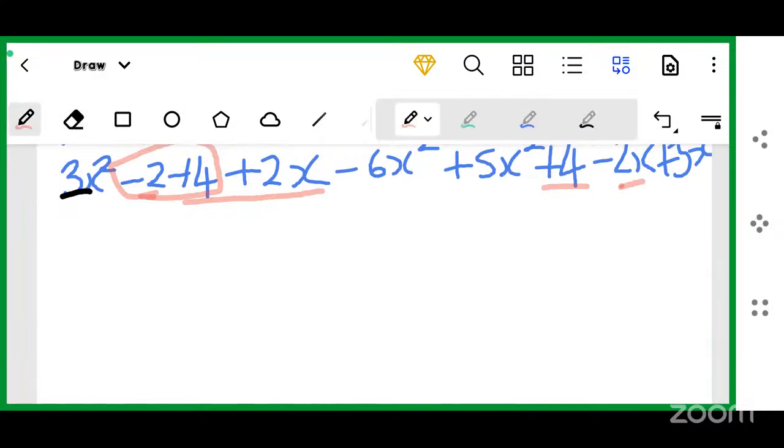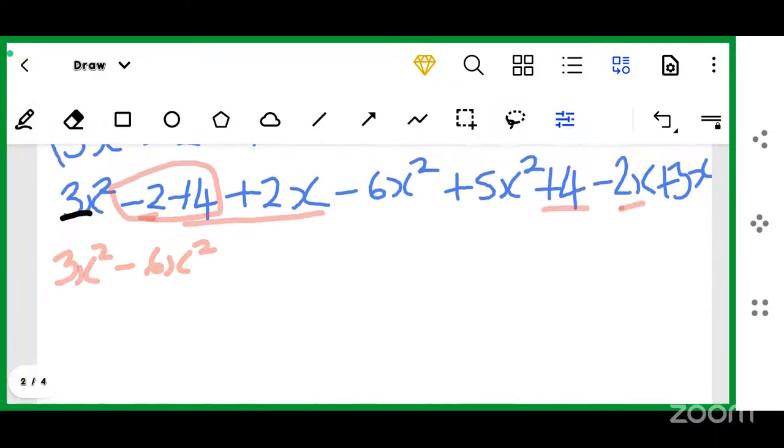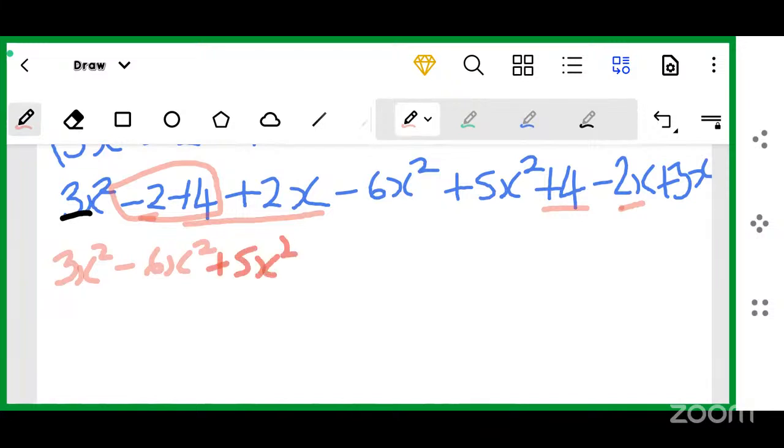We are going to write 3x to the power of 2 minus 6x to the power of 2 plus 5x to the power of 2, and then plus 2x minus 2x plus 3x.